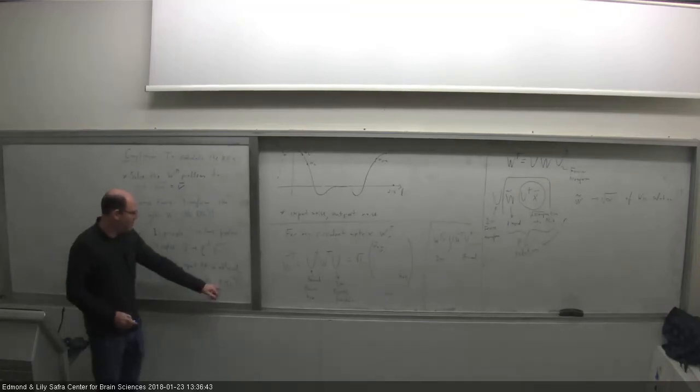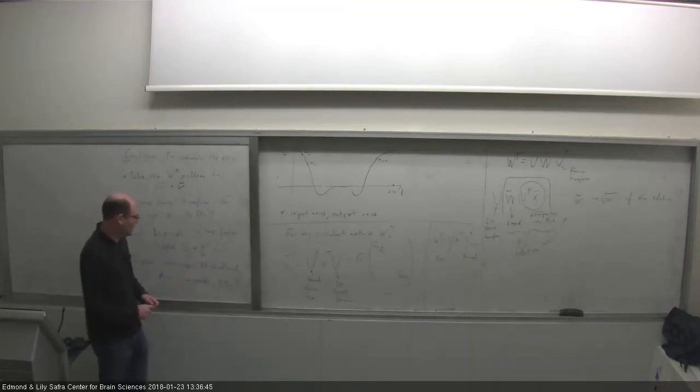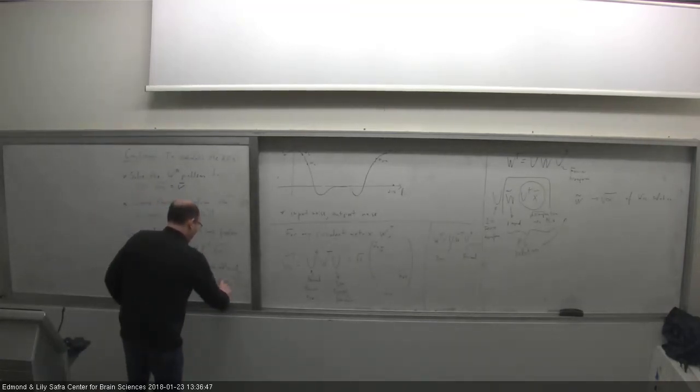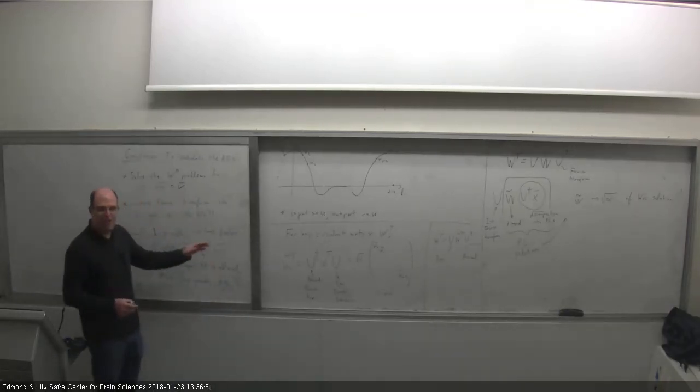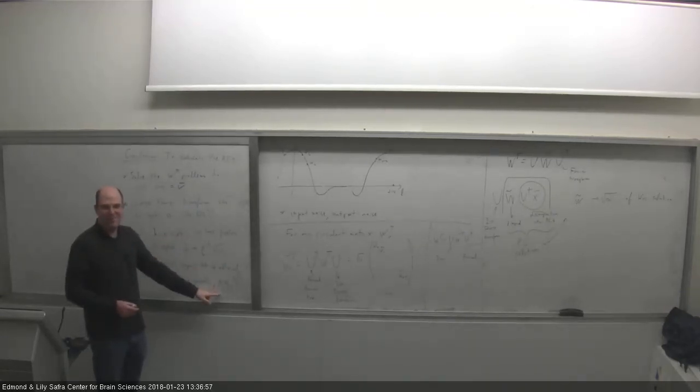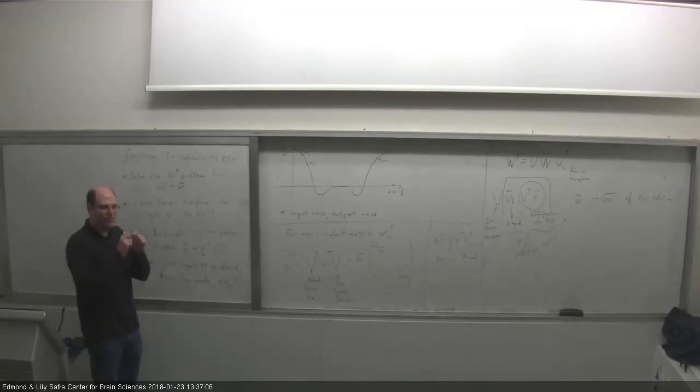Do you know what happens if you multiply a function by a phase that just increases with the frequency in that way? If you take a function, you Fourier transform it, and you multiply each Fourier component by a phase that increases linearly with the frequency, do you know what you get?